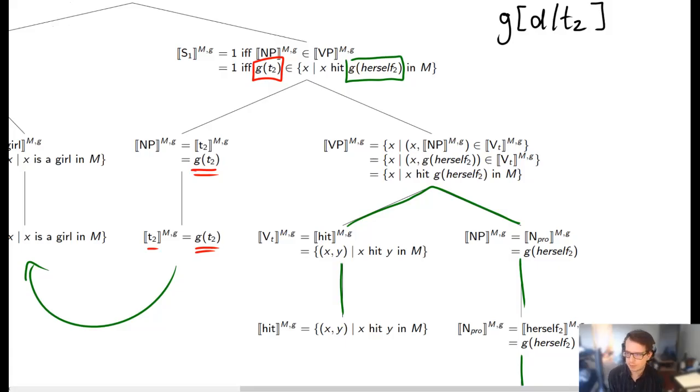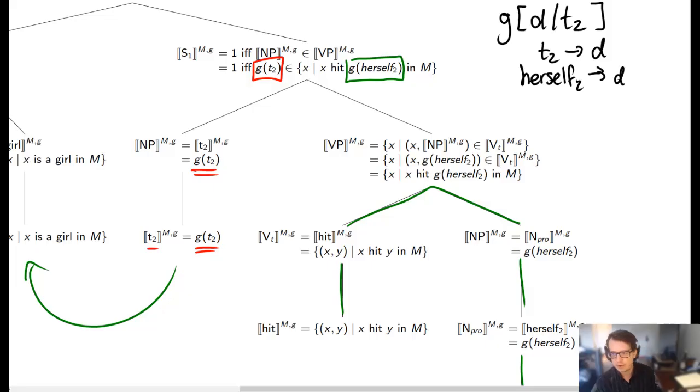So this is what's going to happen. Now, because d replaces T2, we're going to have T2 pointing to d. But this also means that everything else with a 2 index is also going to point to d. So herself is also going to point to d.